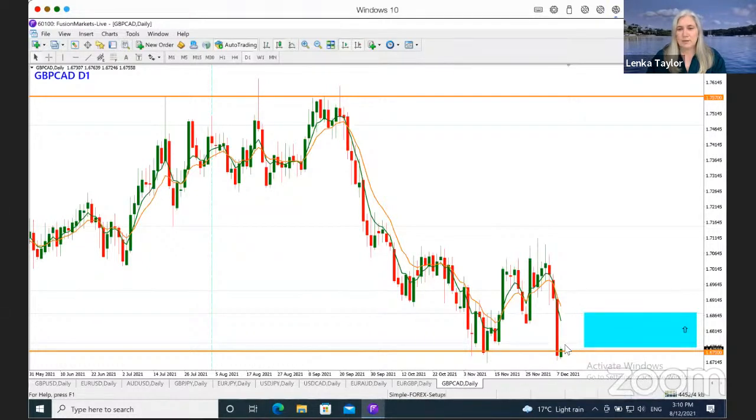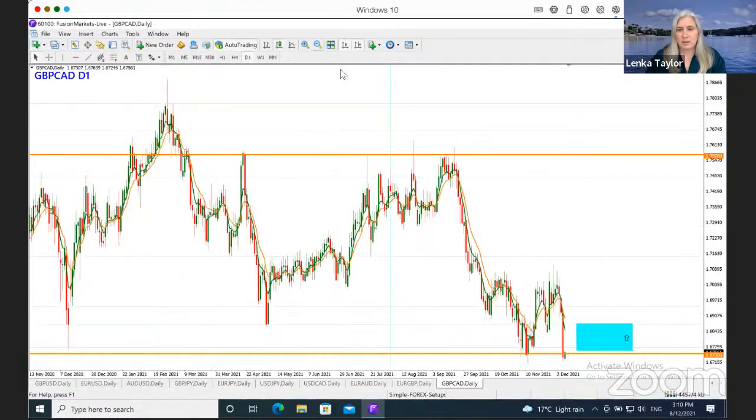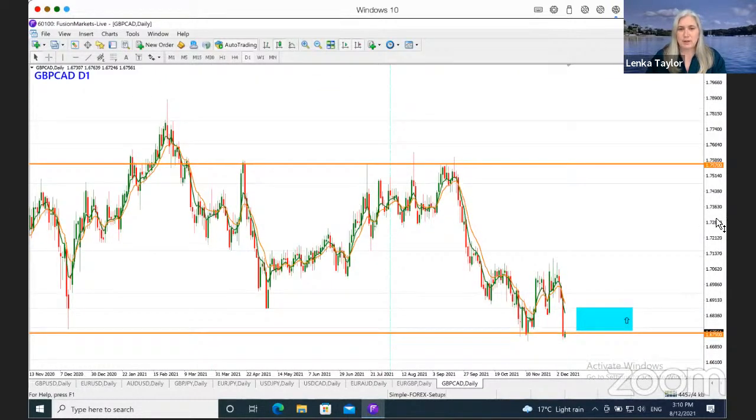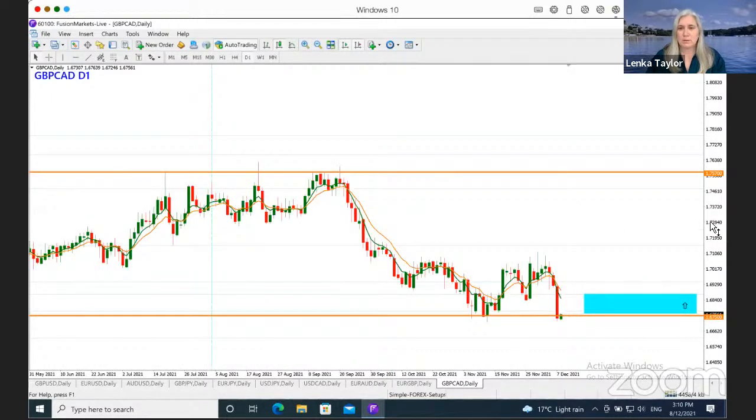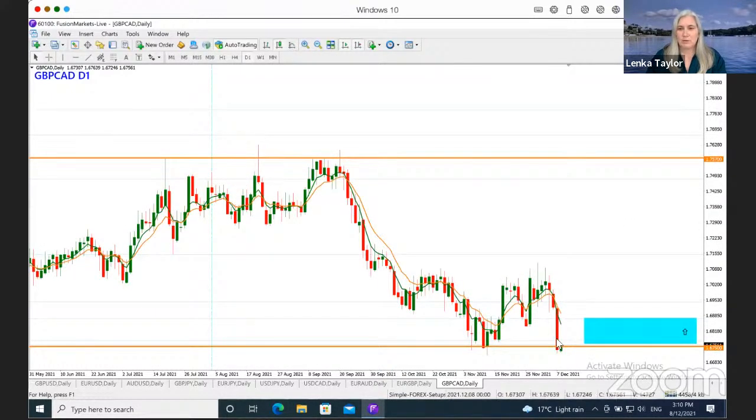I would like to see a little bit of a sideways movement first, and then after the sideways movement, reversal, and then looking for a long opportunity at that point. Otherwise, if we don't get a reversal there, then we might be looking at a short next week, but we shall see. So at the moment, still looking for a reversal around that area.